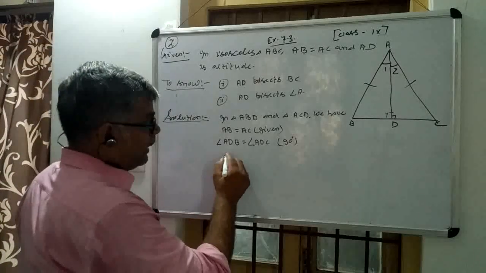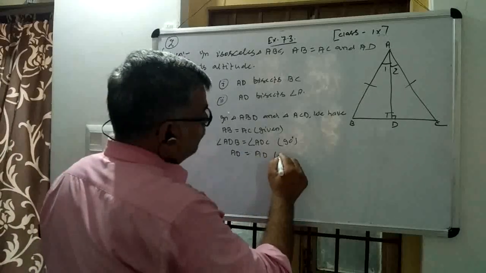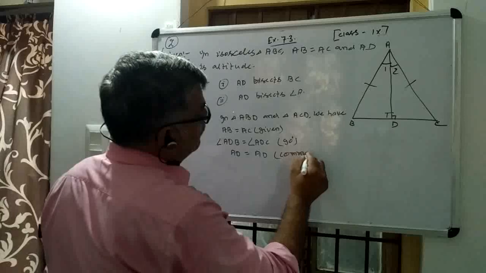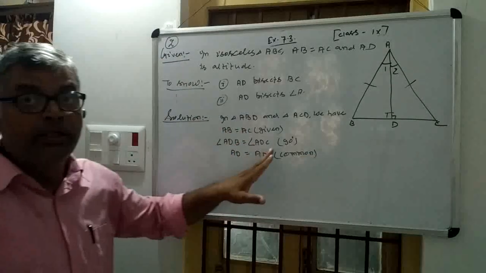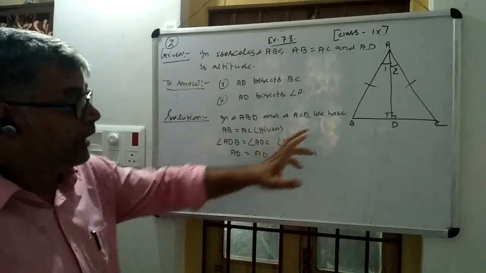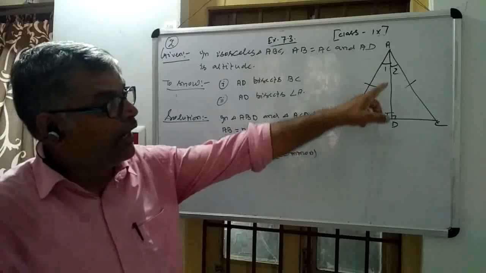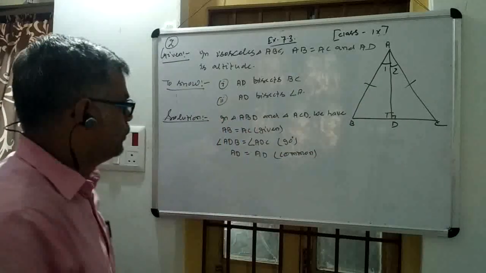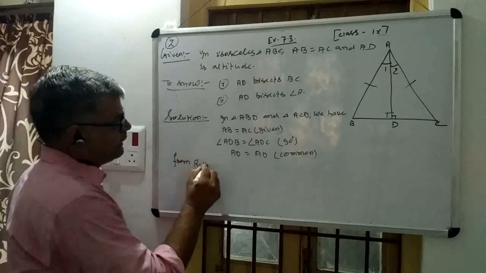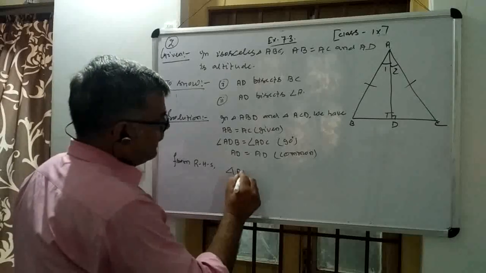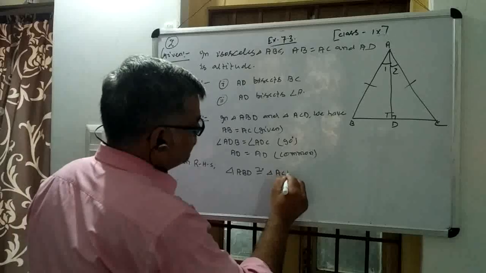And third, AD equals AD, which is common. So now these two triangles become congruent by the RHS property. As you know, this is the hypotenuse, this is the right angle, and one more side are equal. So from RHS, triangle ABD is congruent to triangle ACD.